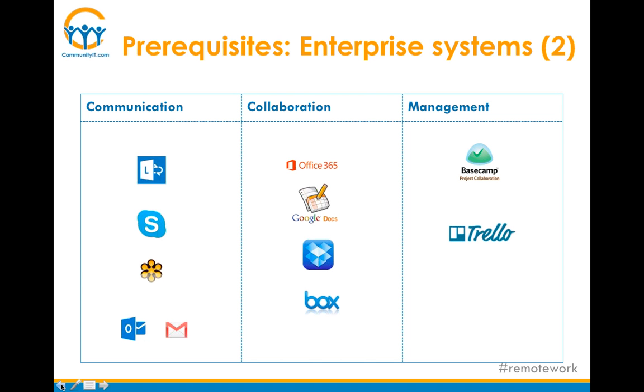So all of these are collaboration tools out there that can be adopted by the enterprise at the enterprise level, so you can have better control and management of those. And then these 2 on the management side are good tools for project management, Trello and Basecamp.